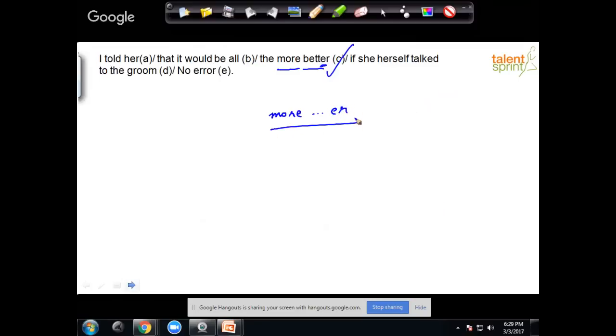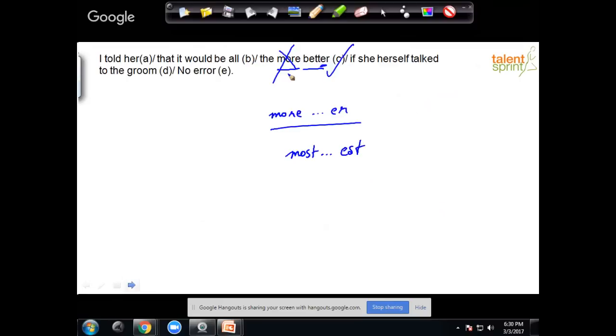You can't add these two. Likewise, you can't add "most" with adjectives ending in EST. That's the rule, right? So you delete "more." So I told her that it would be all the better if she herself talked to the groom. Are you following? So that's rule number 5.